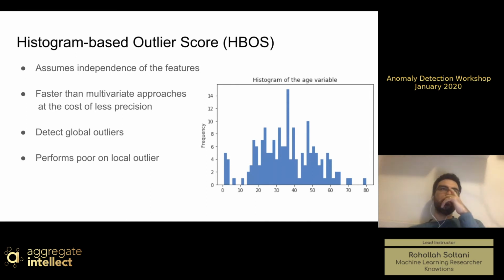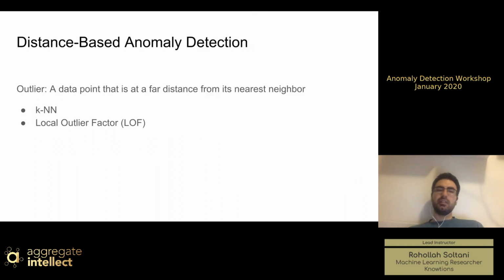These are basically statistical models that you can use, and we'll test them during the workshop as well, so you can see the difference and the performance of these techniques on different datasets. But the other technique that I want to talk about in this session would be distance-based anomaly detection.